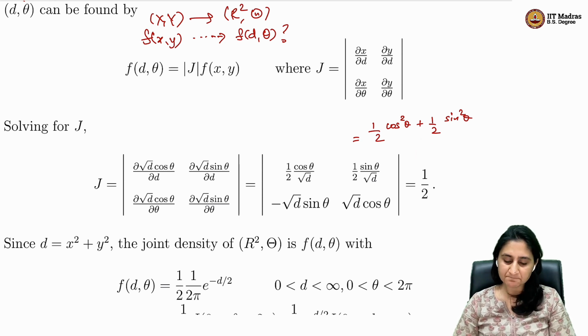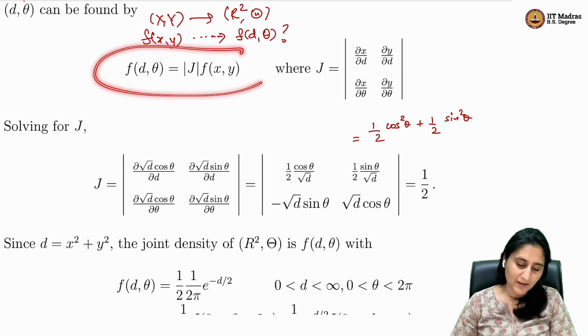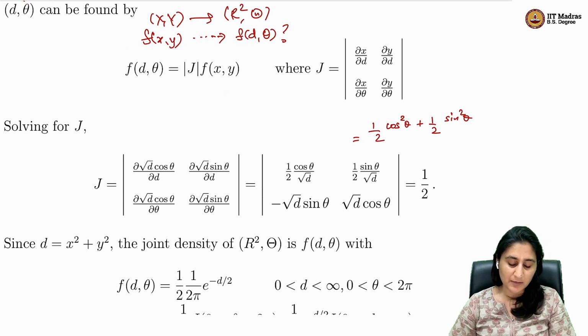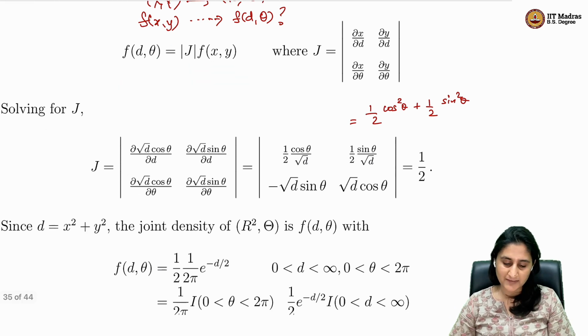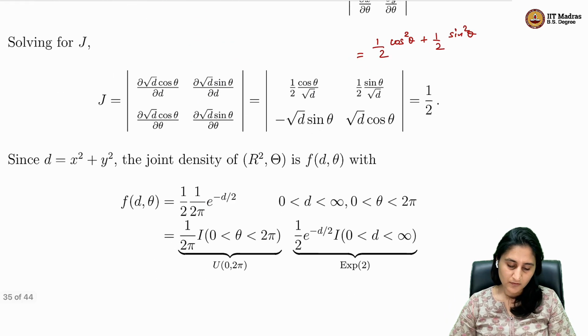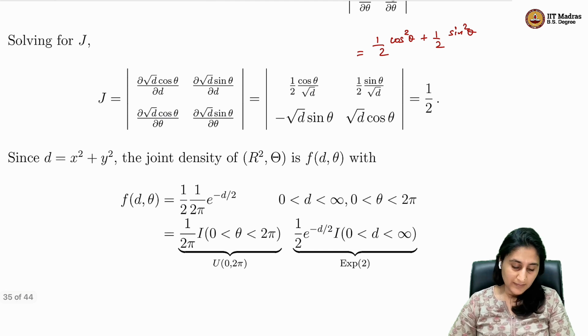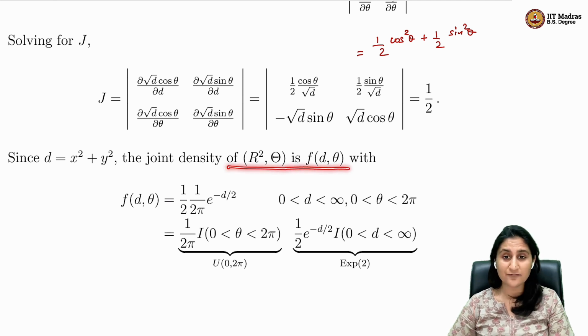So that gives me that the Jacobian is just a half, which means I can go back to this equation, which would tell me the actual distribution of the joint density of r squared and theta to be the Jacobian times the density of x and y. Now, I know that d is equal to x squared plus y squared, so the joint density of r squared theta is f of d comma theta.